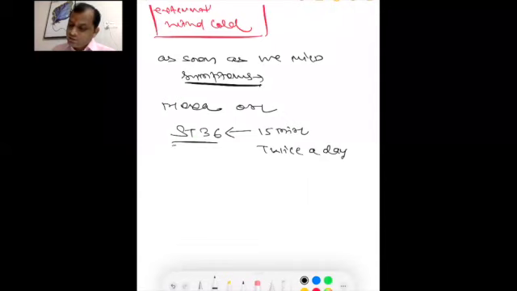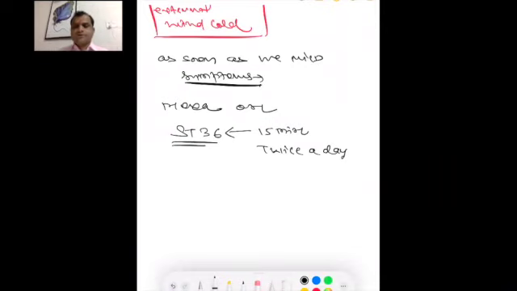Stomach 36 is the steroid point. Like when we get any problem, doctors give steroids. But this is the natural steroid, which does not have any side effects. So we can start the moxa on stomach 36 twice a day.